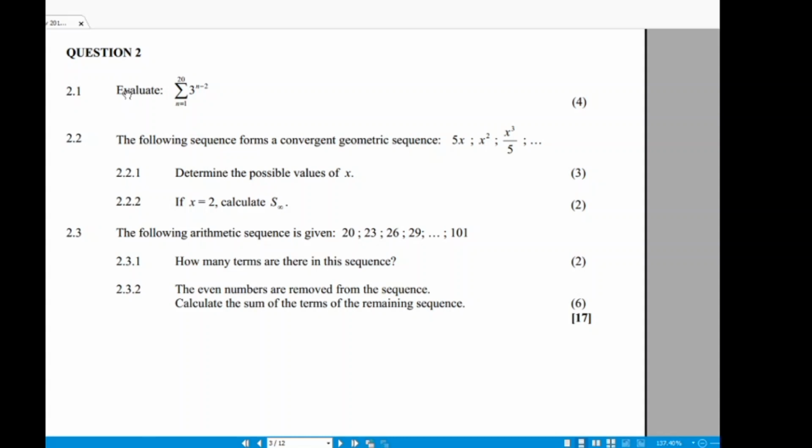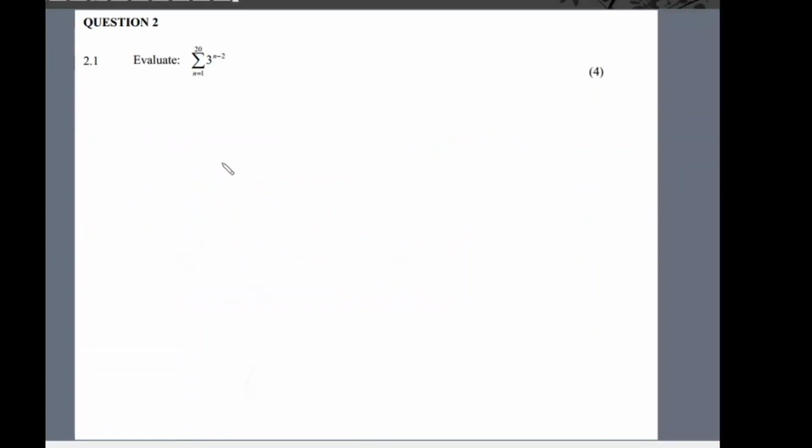So question 1 says evaluate this sigma notation. To interpret a sigma notation, it's just a summation, a condensed form of a summation.